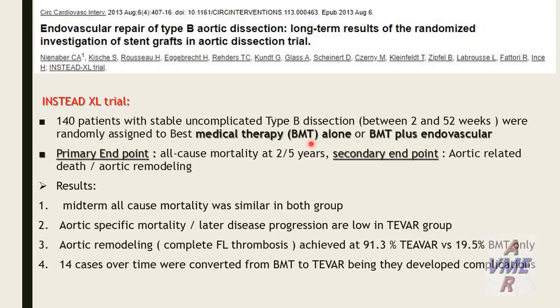The primary endpoint is all-cause mortality, the secondary endpoints are aortic-related death and aortic remodeling, with follow-up at 2 and 5 years. Result: we have almost equal all-cause mortality in both groups, but the secondary endpoints are different. Aortic-related mortality is lower in the TEVAR group. Aortic remodeling is better and achieved in the TEVAR group.